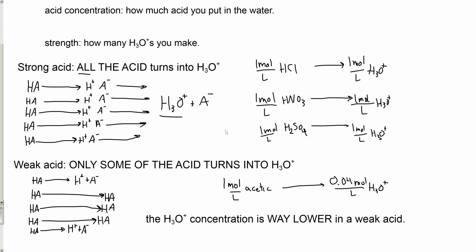Both of the acid concentrations are the same. They're both 1 mole per liter. Which one would you rather dip your hand into if you had to? The choice is clear. You would rather put your hand in the acetic acid because it is breaking up into far less H3O.